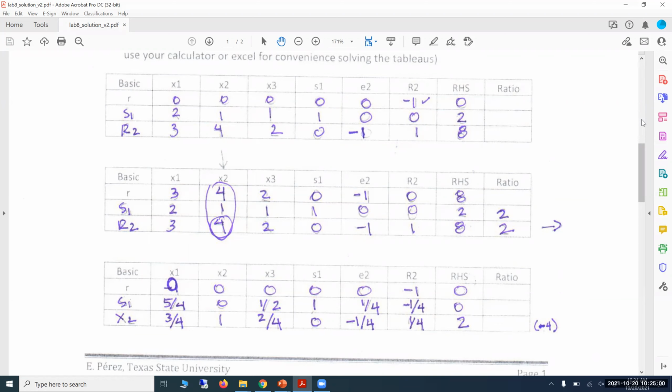So we are entering X2. R2 is leaving, so we have to make this 0, 0, 1. So we multiply this by -4 and we add it to row 0, I'm sorry.